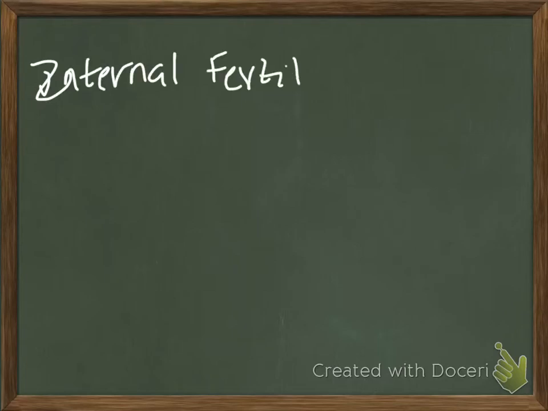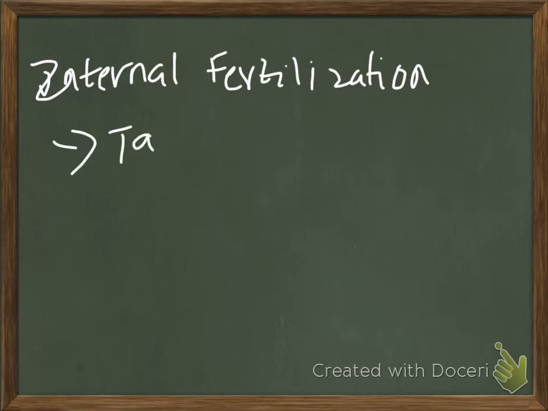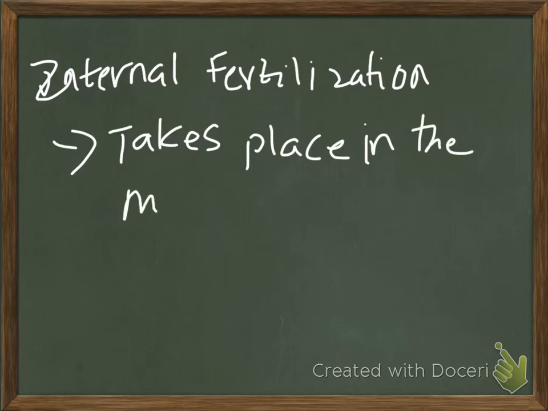Internal fertilization is the process which takes place in the mother. This means that internal fertilization is not like external fertilization, like laying eggs. The fertilization takes place in the mother's womb.